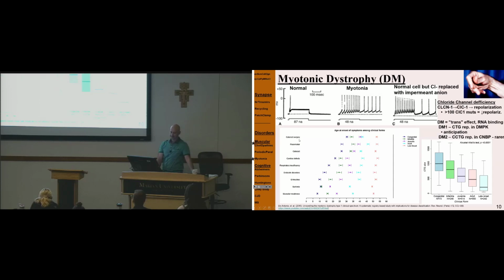Basically everything on the Y axis is bad, and you see that all these things happen earlier when you have larger repeats. So all the colors get shifted earlier and earlier. You don't really need to see this data. I just wanted it to fire neurons for you to believe that more repeats not only mean you're more likely to get the disease, but that the disease will be worse.